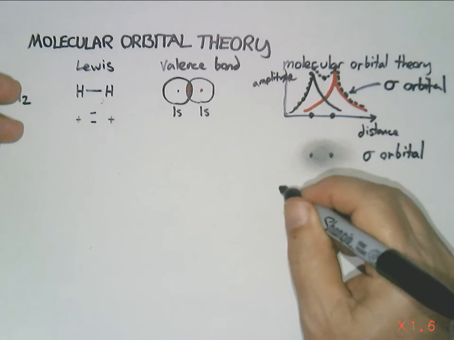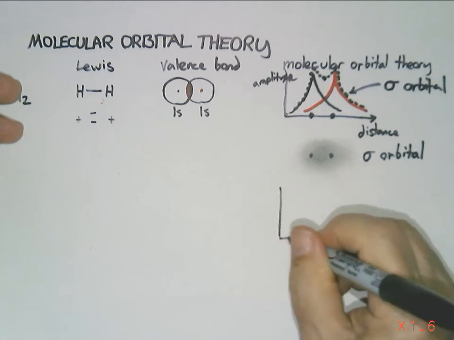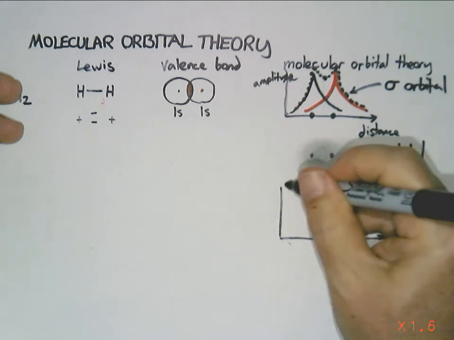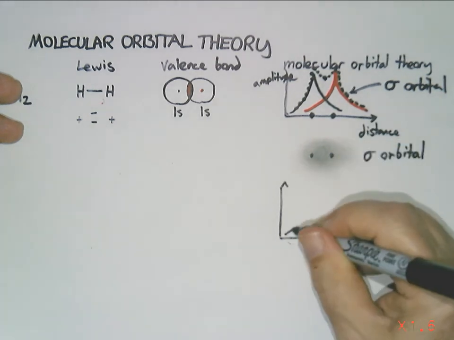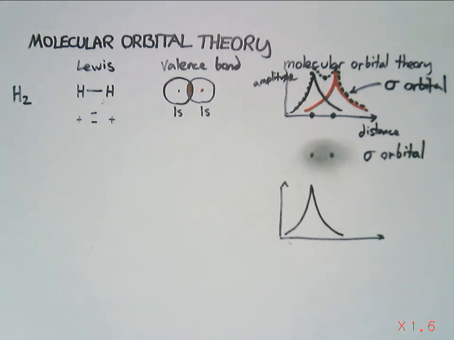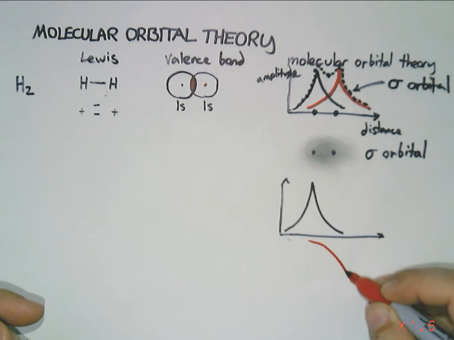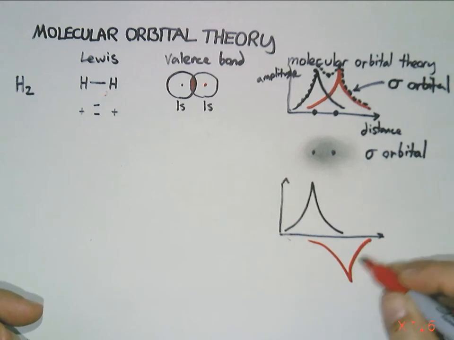If I had this situation where one of the spikes was going up and the other spike was going down, I didn't draw that very well.